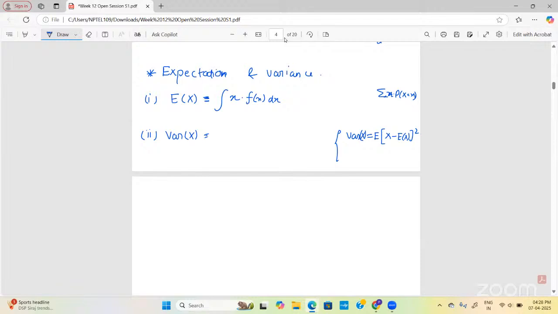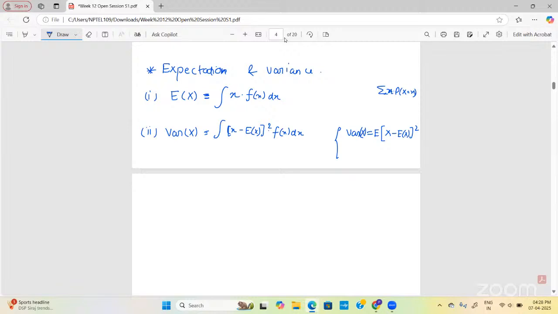Ma'am, it will be the integration of that function times f(x) dx. Yeah, so it will be (x minus expectation of x) whole square, multiplied by f(x) dx. Yes, okay, so this is the formula for the variance of x. So how can you remember it? You have studied the expectation for a function of a random variable x, right?